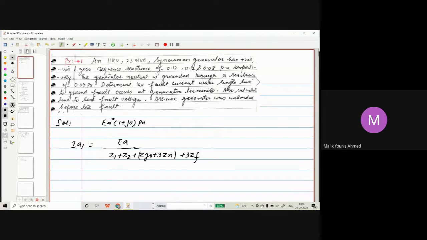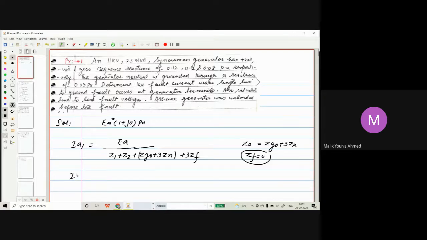Because the neutral is grounded through reactance, the zero sequence reactance will be equal to ZG0 plus 3ZN. Rest of all is the same thing. Also here, ZF is not given, so ZF will be taken as 0.